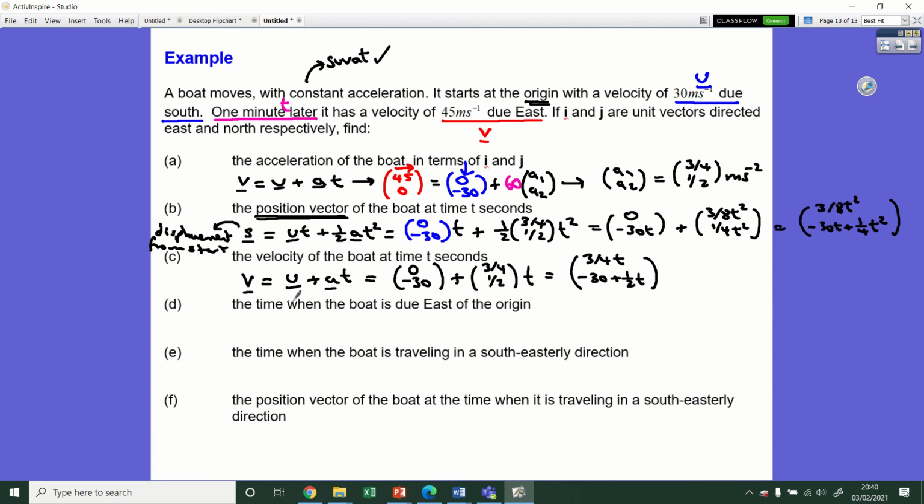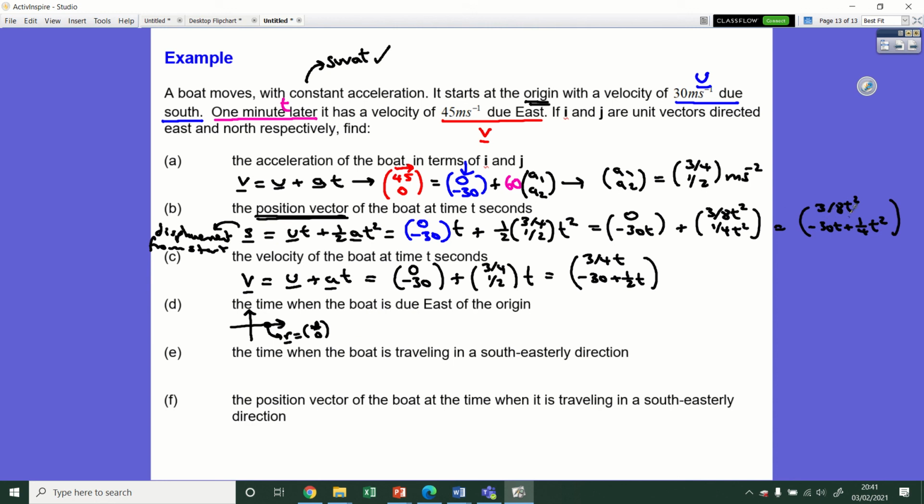Now, part D, the time when the boat is due east of the origin. So I think a quick picture here is going to be useful to us. So as before, we're due east of the origin, so somewhere here. This is going to have a position vector of something, 0. But our position vector is the same as our displacement from our start, seeing as we started at the origin. So that's just given by this vector over here.